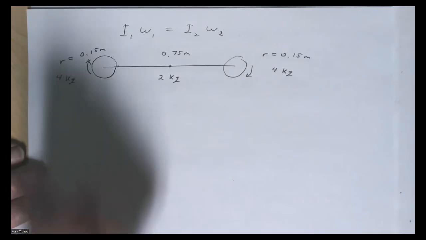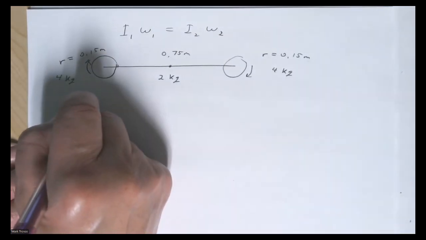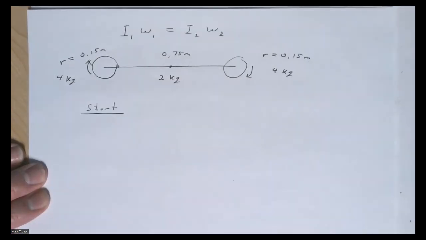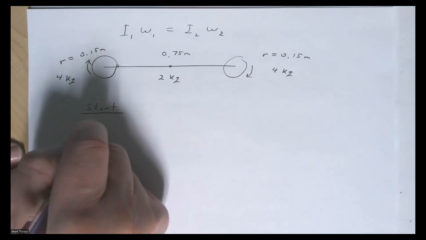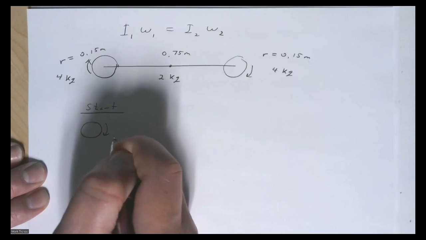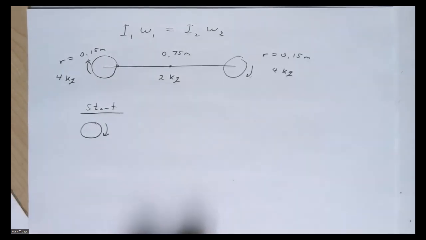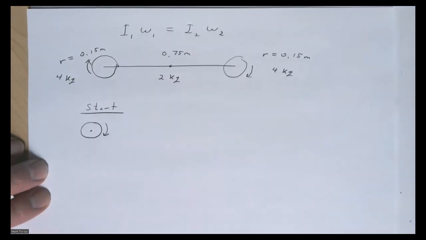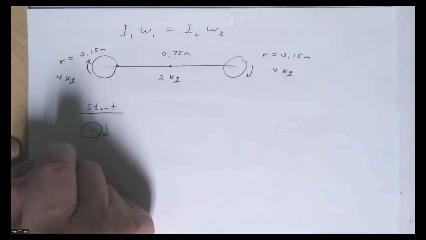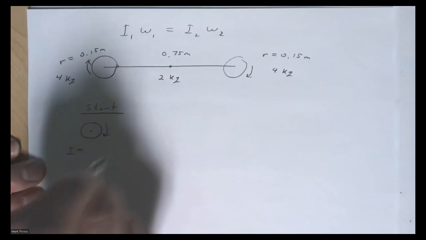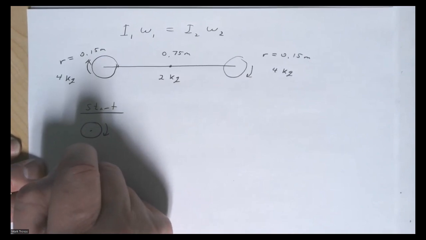So at the start, all we're really going to be dealing with are the two discs, because they're spinning about their center of gravity. Let's go ahead and find the mass moment.